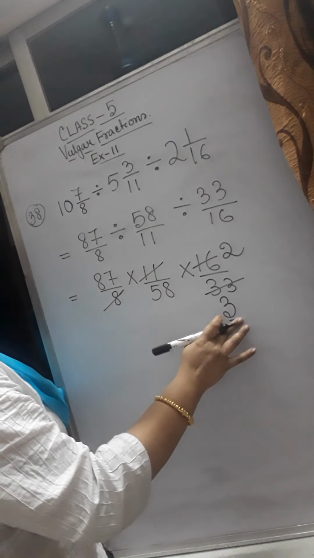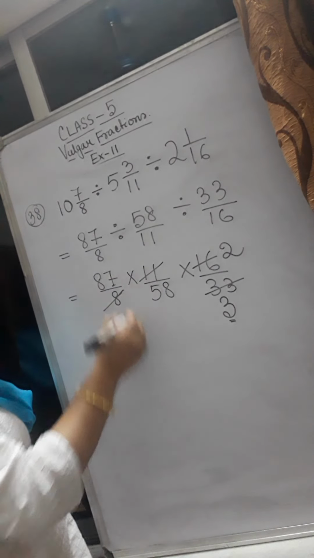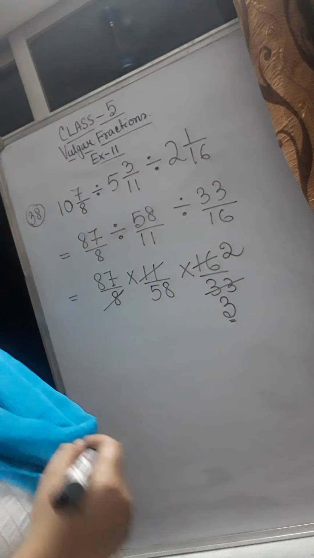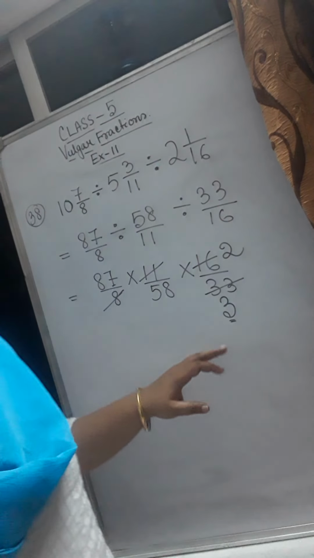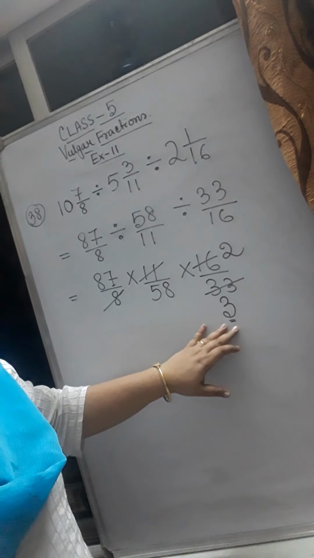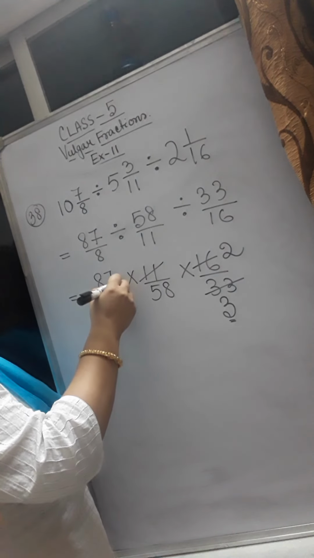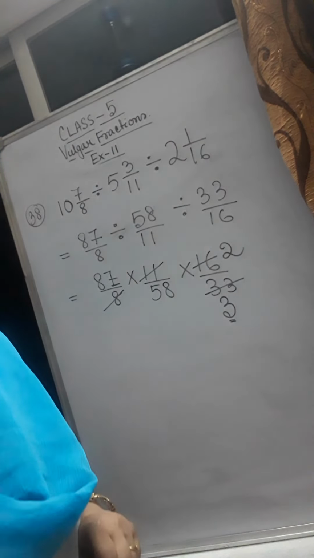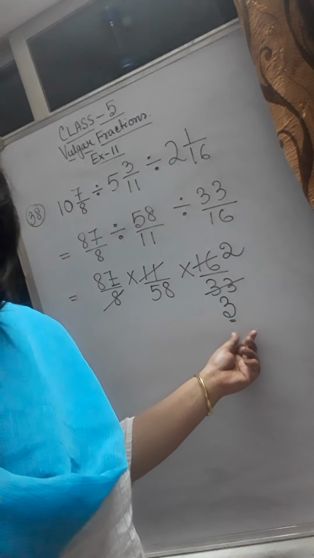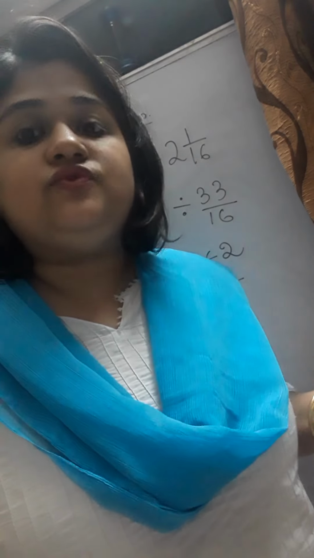Now in 3's table, how can you understand whether it can be divided or not? We will see whether 3 can divide 87. Check, 87 has the last digit 7. Now you have to find out 3 into what gives you 7 at the end.